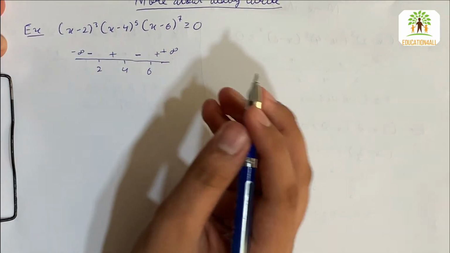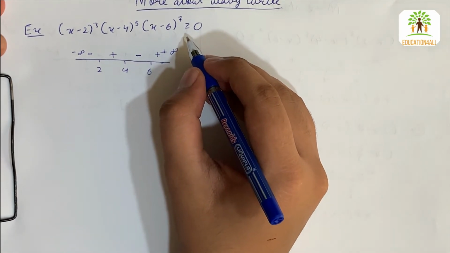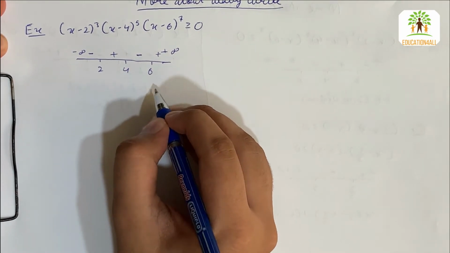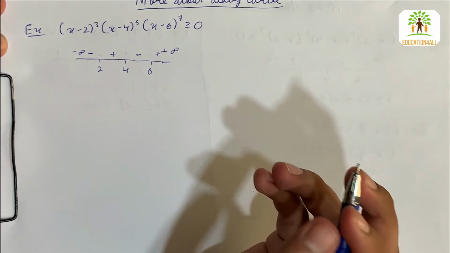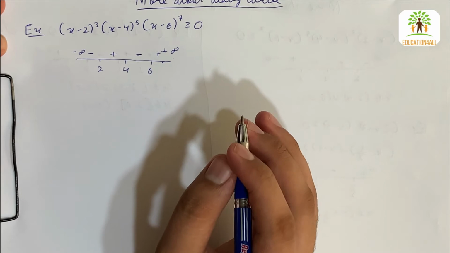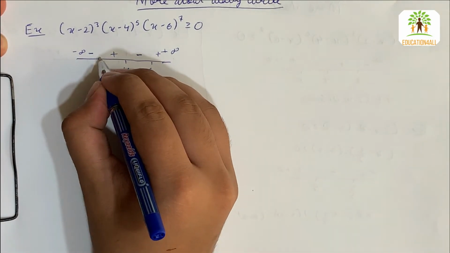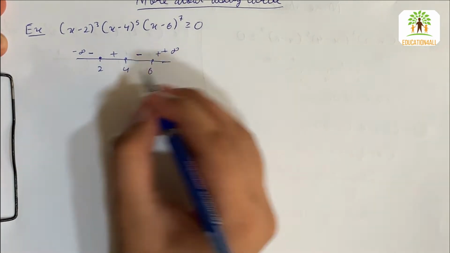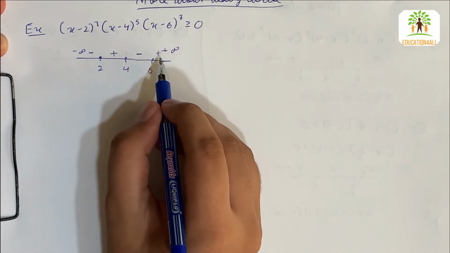Now the equals to sign tells us that the points 2, 4 and 6 will be included, or closed, which means that in the calculations we can take the points x equal to 2, x equal to 4 and x equal to 6. They are usually specified by putting a dot on them. In our answer, as we have a greater than sign, we will take the positive values.